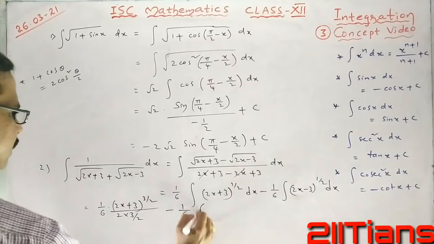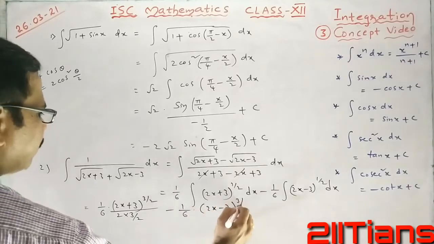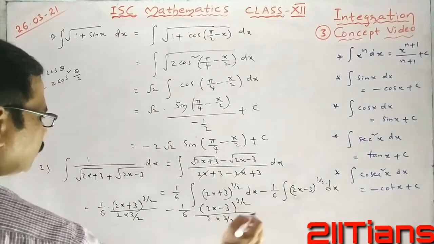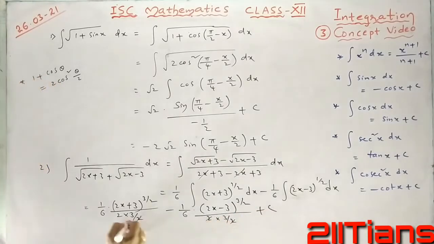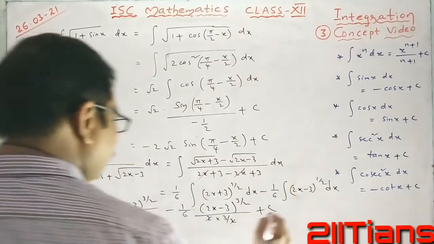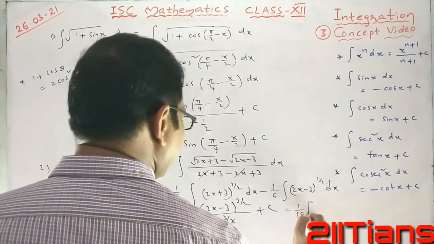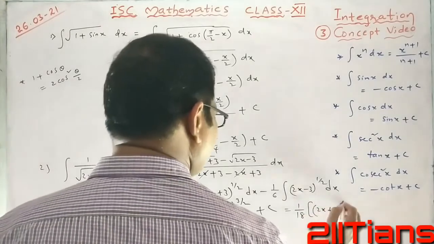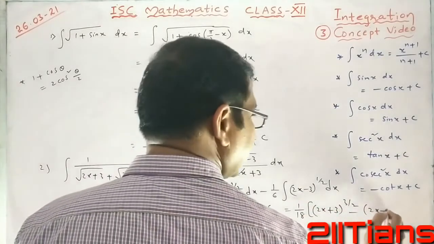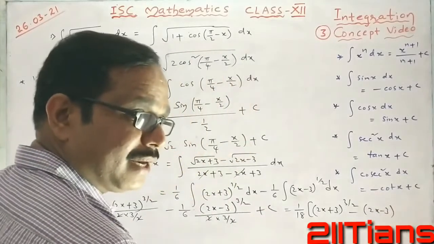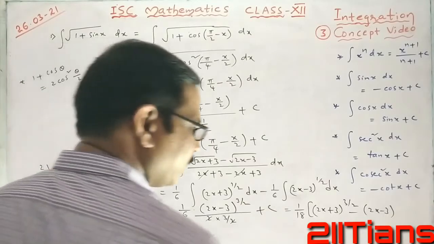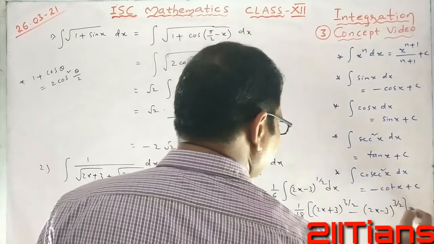Minus 1 by 6, here also 2x minus 3 whole power 3 by 2 upon 3 by 2, coefficient of x is 2, plus c. 2 gets cancelled, 2 gets cancelled. 1 by 18 will come, so 1 by 18 common out. 1 by 18 of 2x plus 3 whole power 3 by 2 minus 2x minus 3 whole power 3 by 2 plus c.